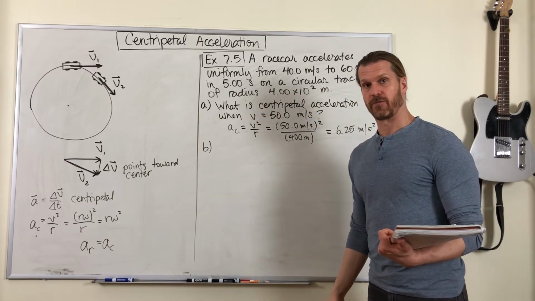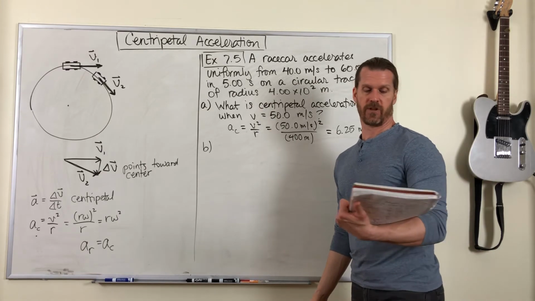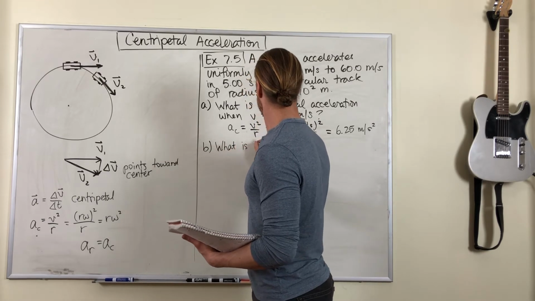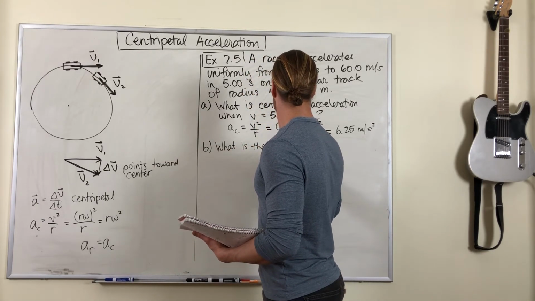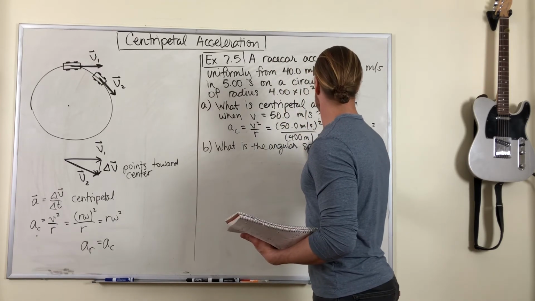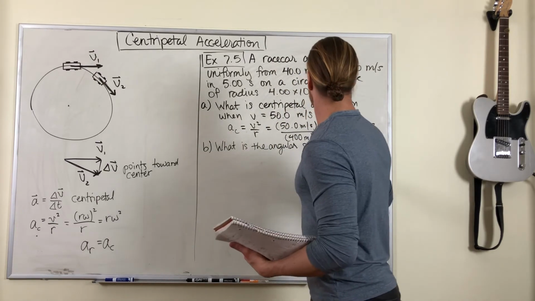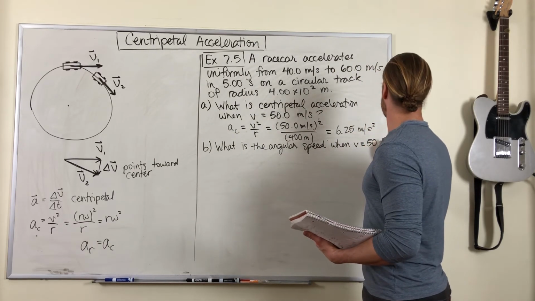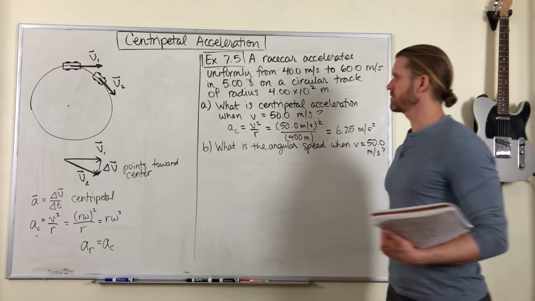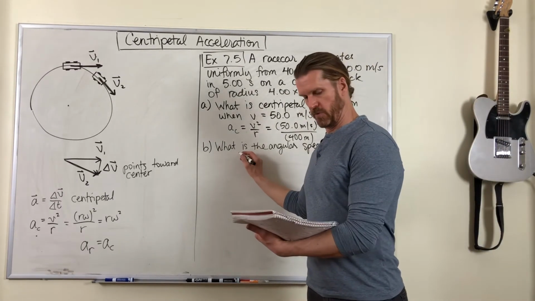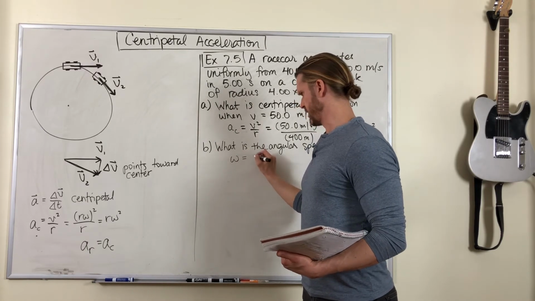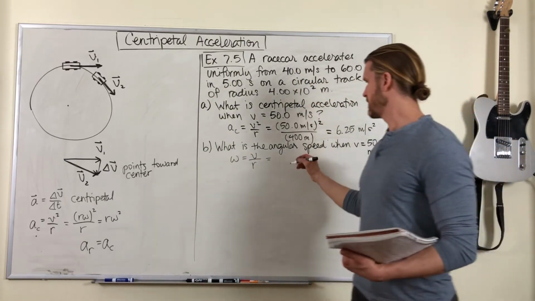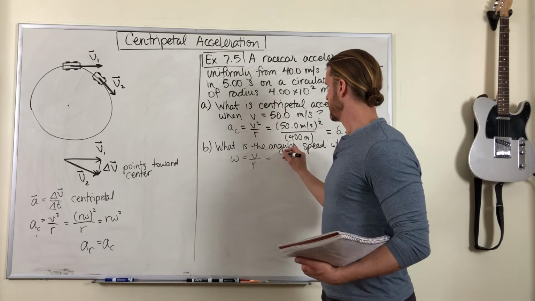What's the angular speed at this time, or angular velocity at this time? What's angular speed when v is 50 meters per second? Well, we have a relationship that we learned earlier between angular speed and tangential speed, or tangential velocity, v over r.